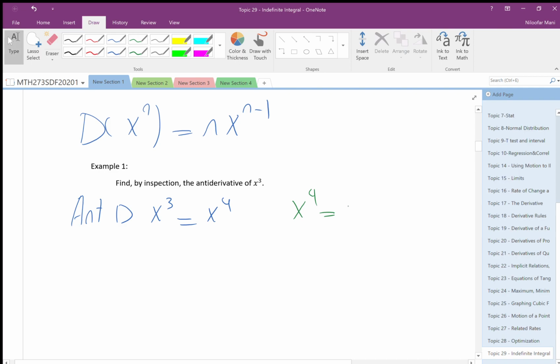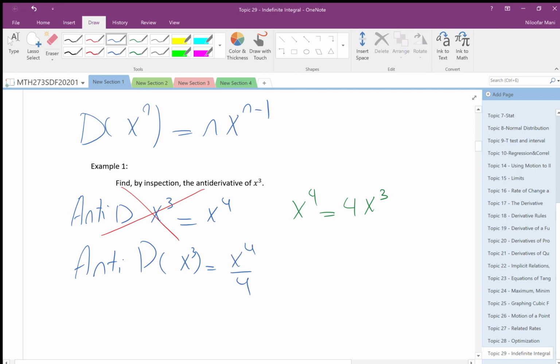And then I say, no, it's this. You would say, okay, I made a mistake. The antiderivative of this is x power 4 divided by 4. Then I would say, if I find the derivative, it is this, and perfect, this is correct.